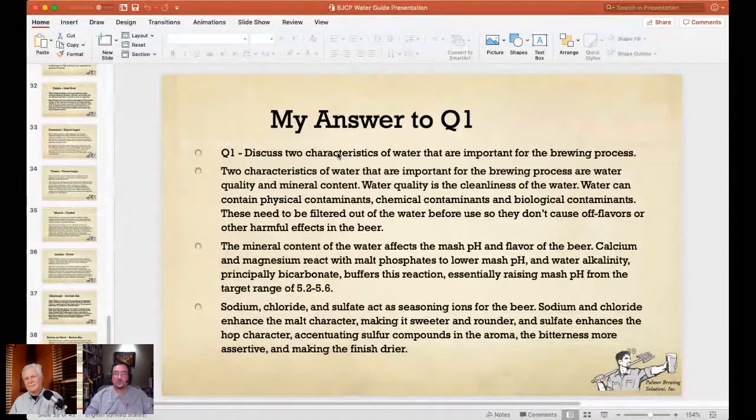Calcium and magnesium react with malt phosphates to lower mash pH, and water alkalinity, principally bicarbonate, buffers this reaction, essentially raising mash pH from the target range of 5.2 to 5.6. I know that's a very technical answer to the question, but that's how I would do it. And then I go on to say that sodium, chloride, and sulfate act as seasoning. Sodium chloride enhances the malt character, making it sweeter and rounder. Sulfate enhances the hop character, accentuating sulfur compounds in the aroma and making the bitterness more assertive and the finish drier. So there's my answer to question 1.